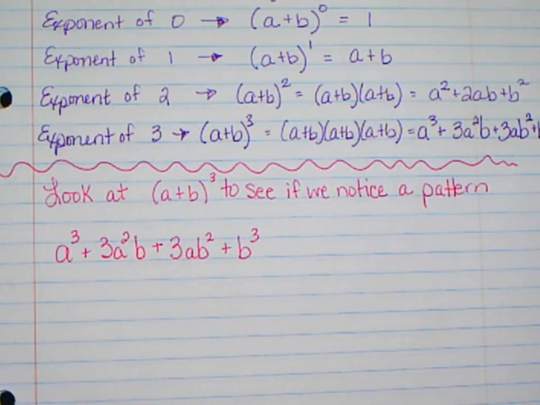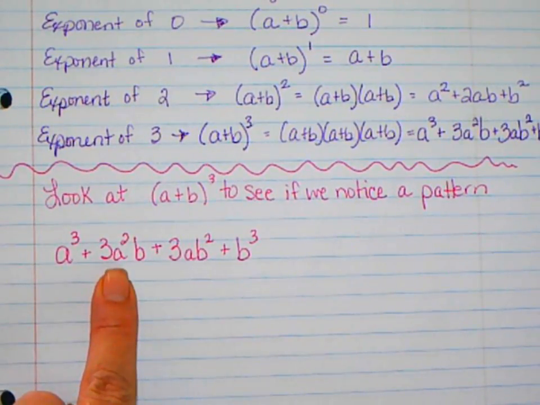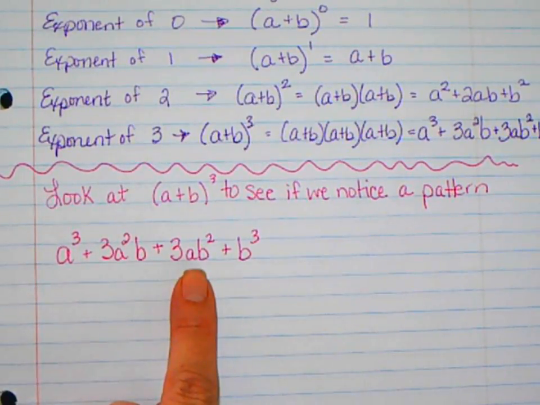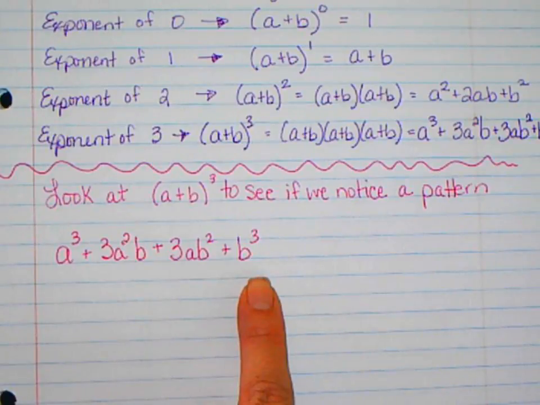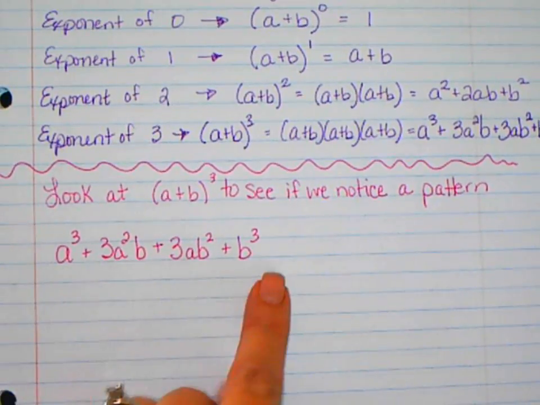What's the exponent of a in the first term? 3. What's the exponent of a in the second term? 2. 1. 0, right? If there's no a, it would have been a to the 0, which is a 1, right? 3, 2, 1, 0.